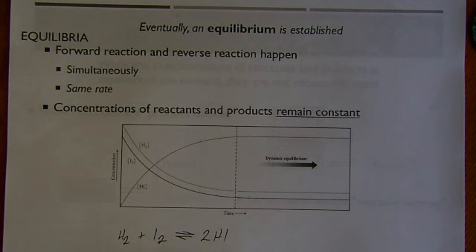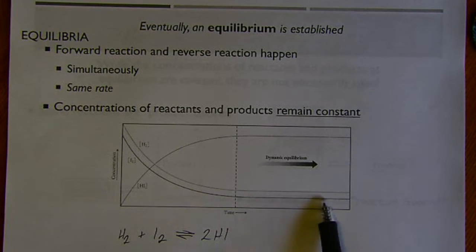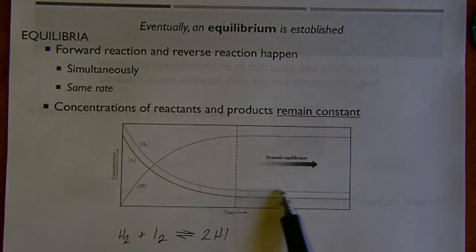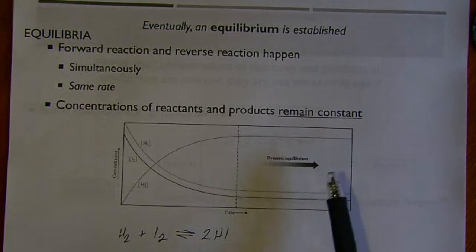This means that the concentrations of the reactants and the products are remaining constant with passing time. If we look back at our graph, our lines have gone flat. There is no longer any change in concentration with passing time for our reactants or our products.